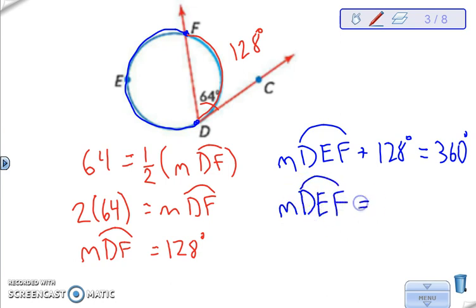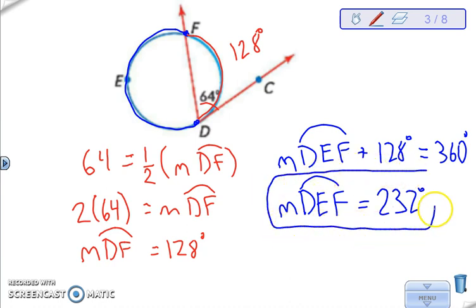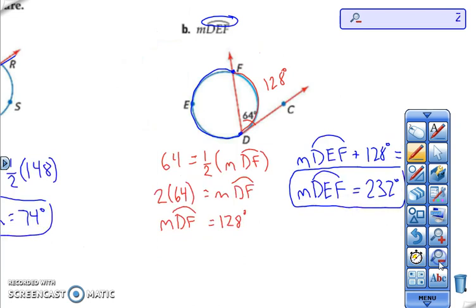So the measure of DEF should equal 232 degrees.